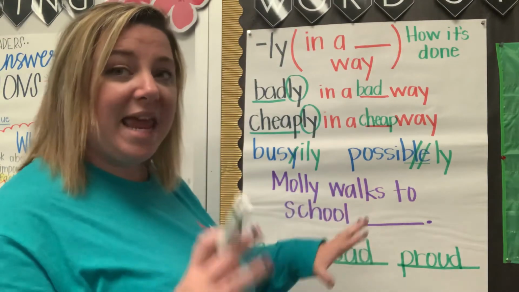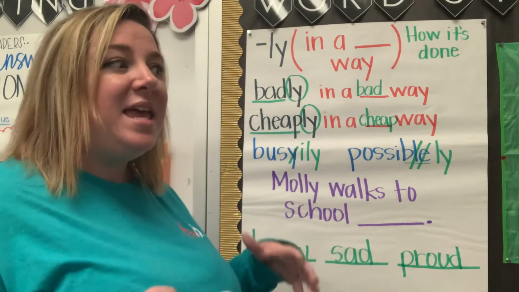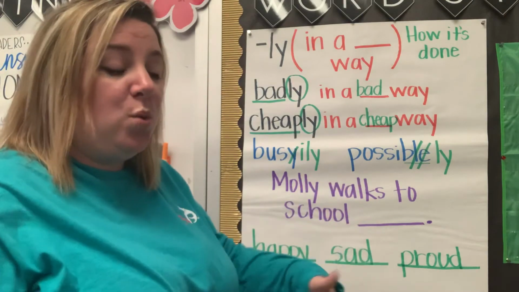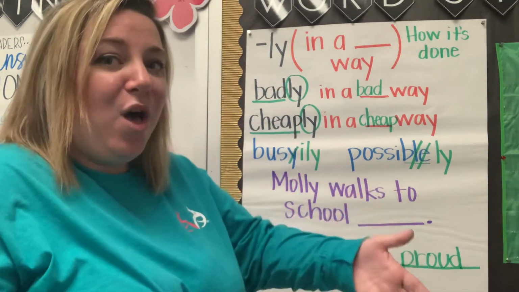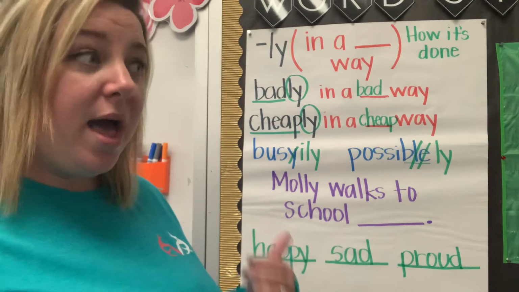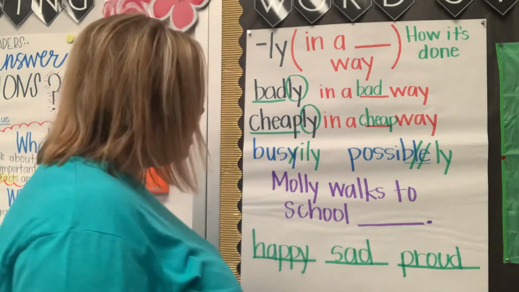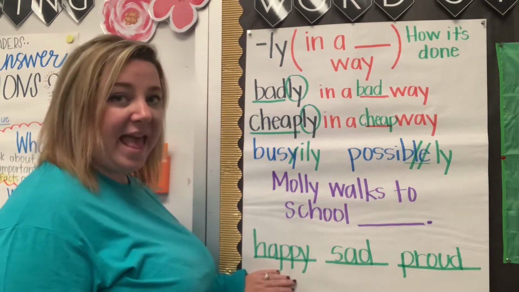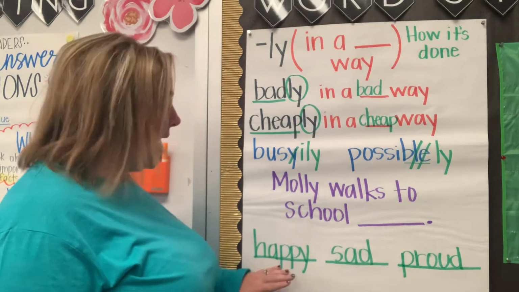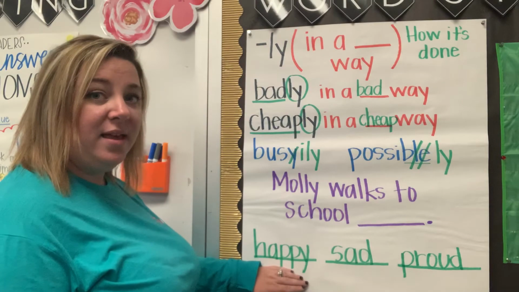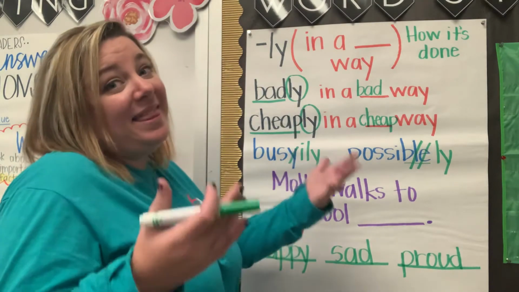Okay, so we're taking words and we're changing them into adverbs. We're describing how something is done. So I'm describing how she walks to school. So if she is walking in a happy way, I have to change happy to happily.